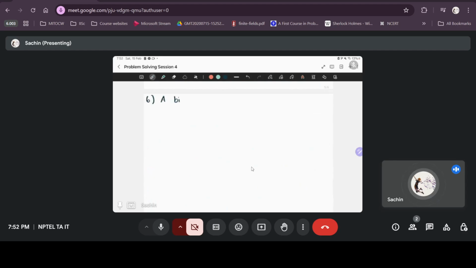A binary sequence is encoded using LZ77, sliding window 8.